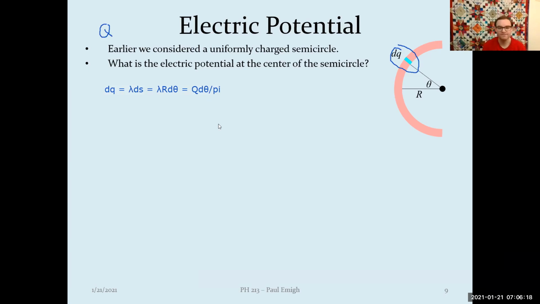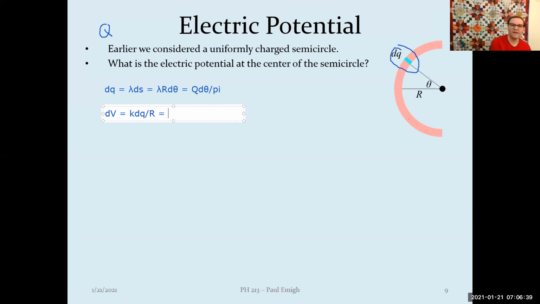I've chopped this wire up into little pieces. So my next step is to multiply. So I want to find dV. And I've got this little blue point charge. I might as well use it, right? So k times dq divided by r, which in our case is just big R, the radius. And then I can plug dq in.